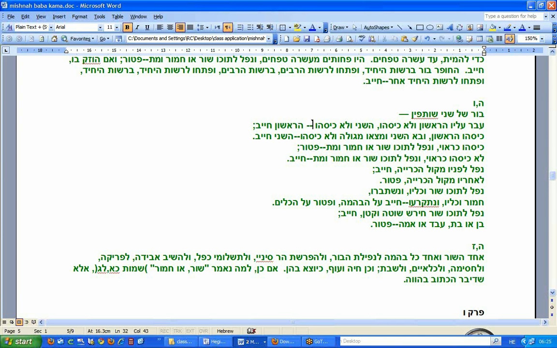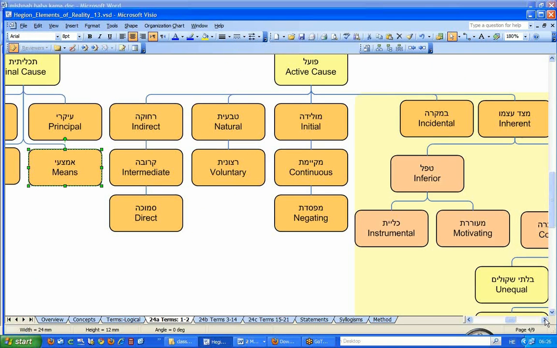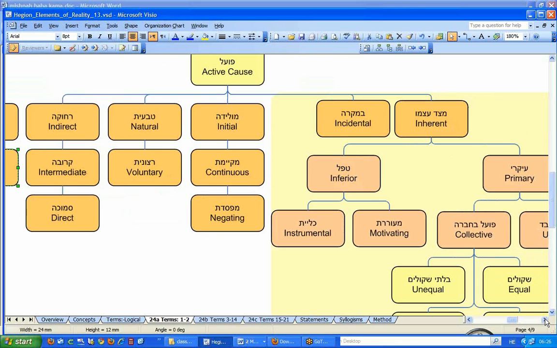What type of Siba were they supposed to be, which they weren't? Each one, in other words, if they closed the bor, which one of the Sibos would we call them? So it would be a rechaika.